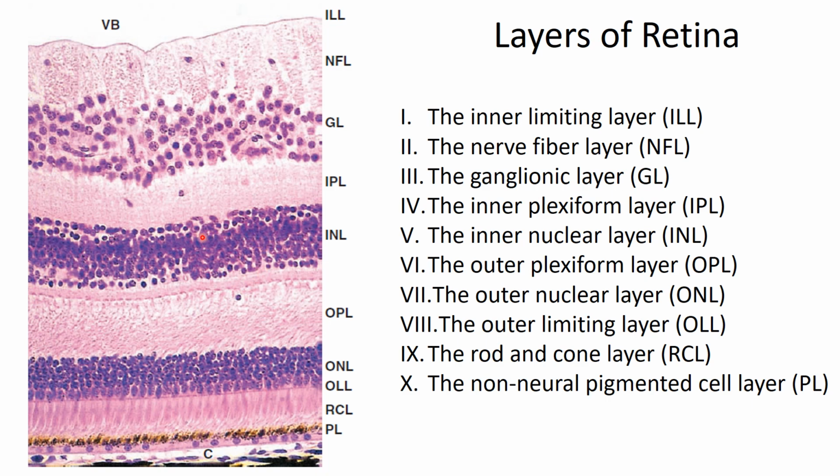Inner to that is the inner nuclear layer, and this comprises the cell body and the nuclei of the bipolar cells, amacrine cells, horizontal cells, and even the nuclei of the Muller cells, the neuroglial cells of the retina. This is the inner nuclear layer.